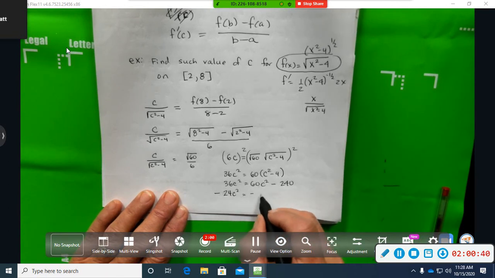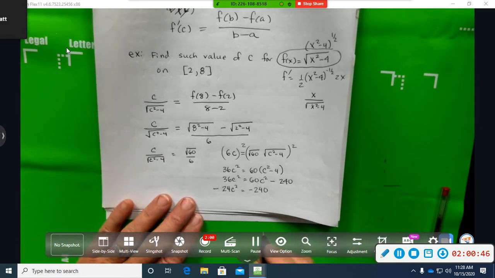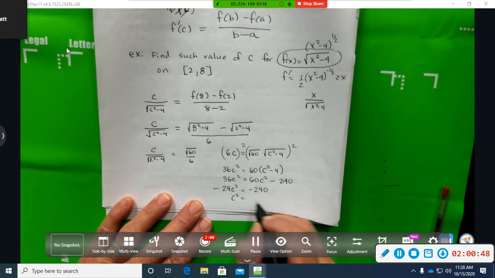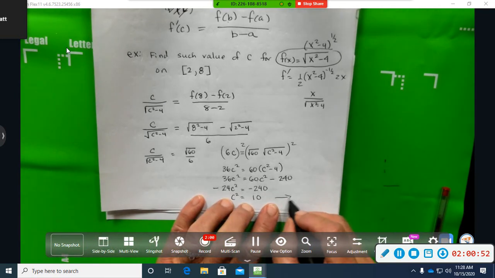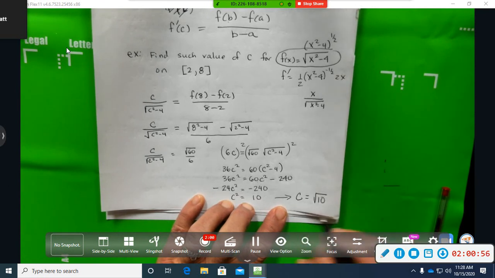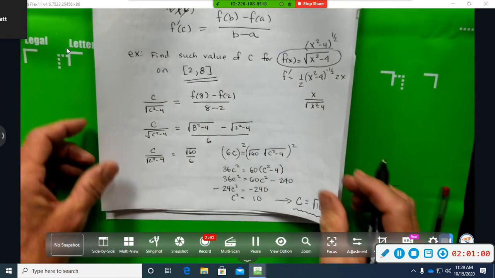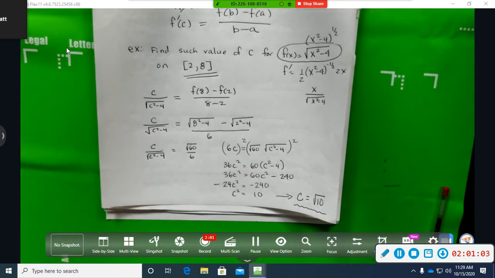Ha! This is working so well. Dang! Divide both sides by negative 24, and I get c squared as a positive 10. So c is plus or minus the square root of 10. I'm in a positive interval, so c is the square root of 10, is the number guaranteed by our mean value theorem.